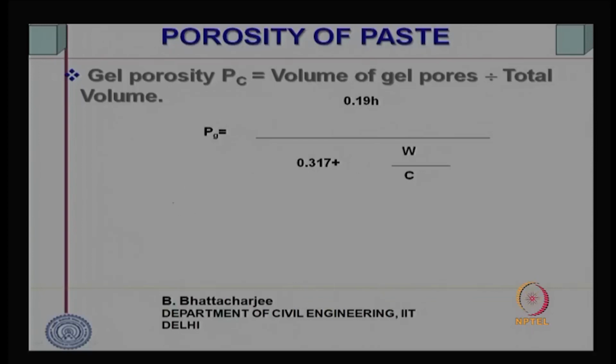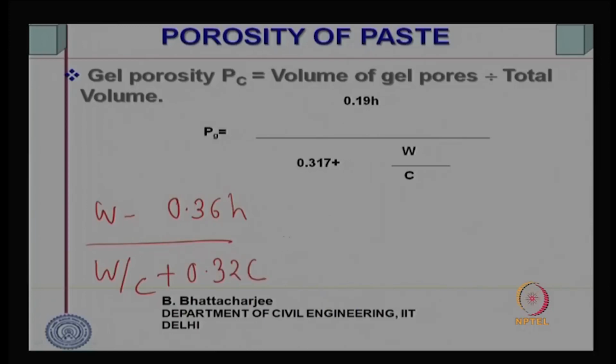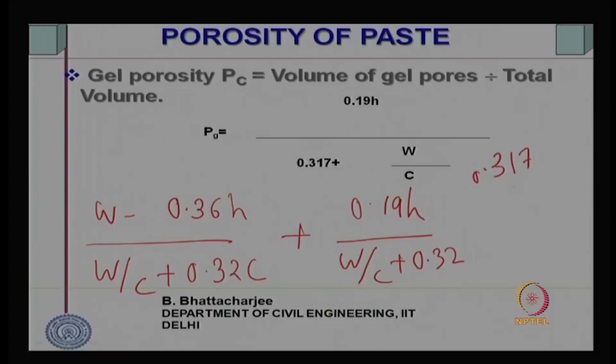See, the capillary porosity was W by C minus 0.36 H divided by W by C plus 0.32, plus 0.19 H divided by W by C plus 0.32. Here, 0.317 is approximately equal to 0.32. That is what I am using.